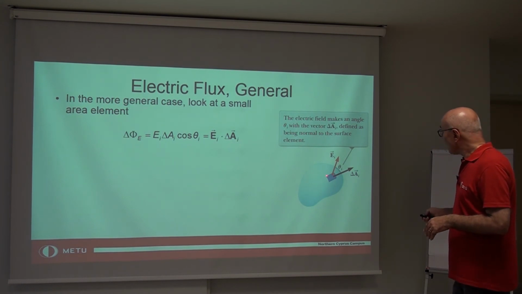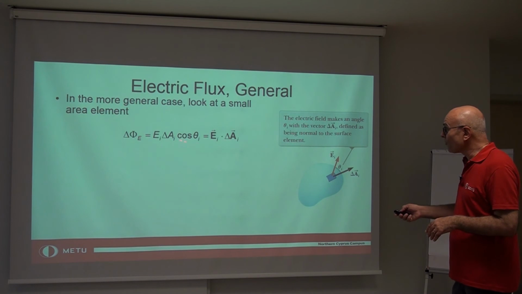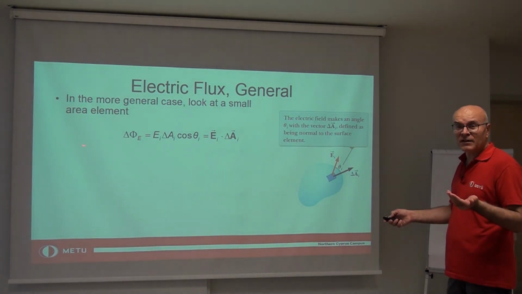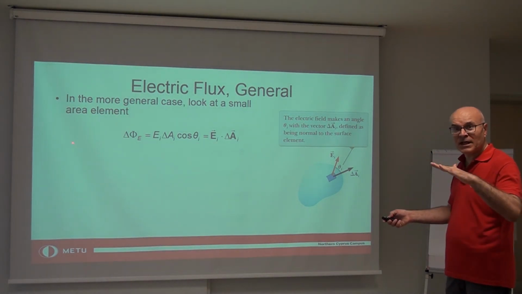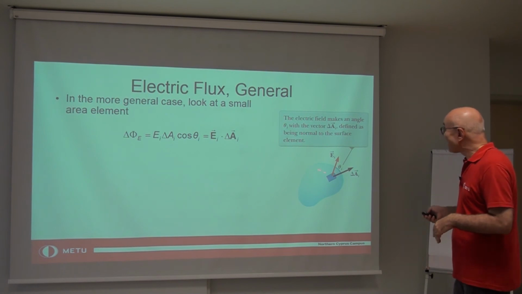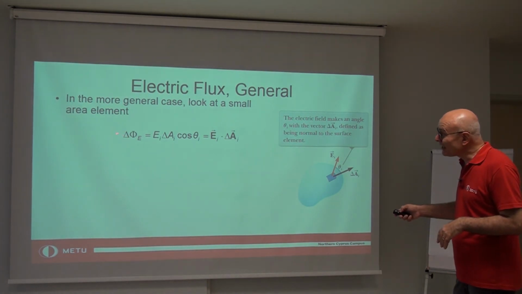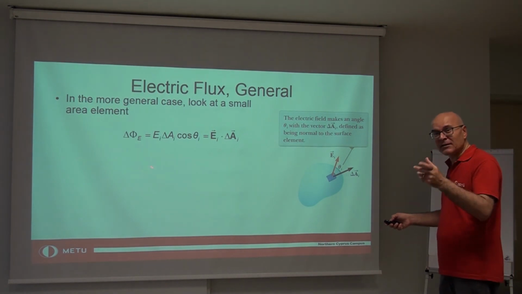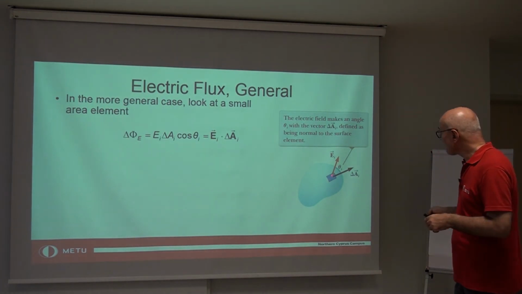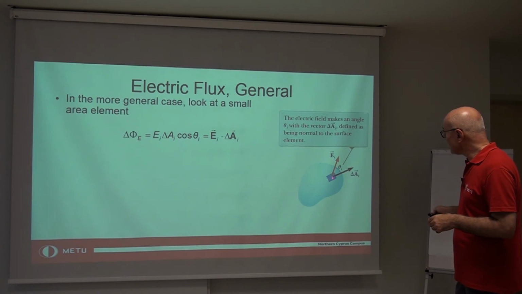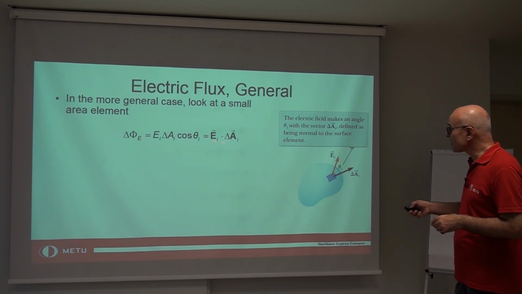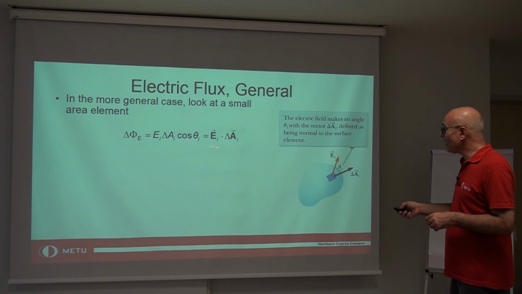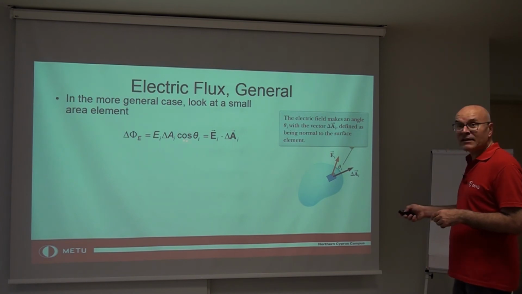And therefore, I can apply the formula that I defined earlier for a uniform electric field and a planar surface to find the flux element, as I call it now. Why element? Because it's a delta. It's the flux through the area element, not through the whole surface. I define it using this expression, which is E_i delta A_i cosine theta. Now I write this as a dot product, E_i dot delta A_i.